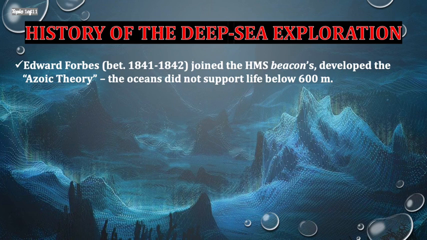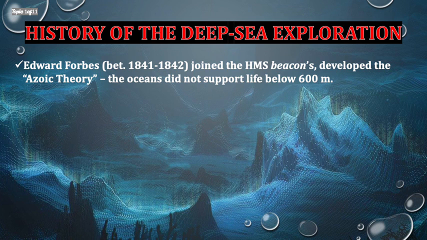All right, the exploration of the deep sea began in the 19th century when Edward Forbes from the Edinburgh University joined the dredging exploration in the Aegean Sea. He observed that as the depth increased, the number of animals decreased, so he thought the ocean below 600 meters could not support life.